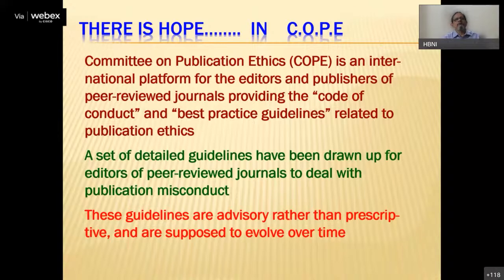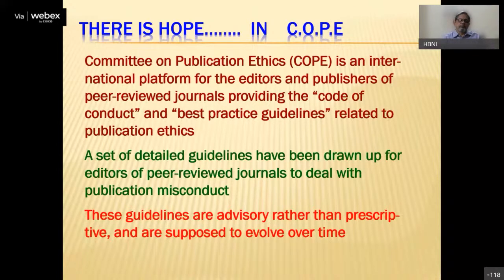But by and large, many publishers and journals have accepted that the guidelines drawn up by COPE are general guidelines which are applicable to journals in all research areas.